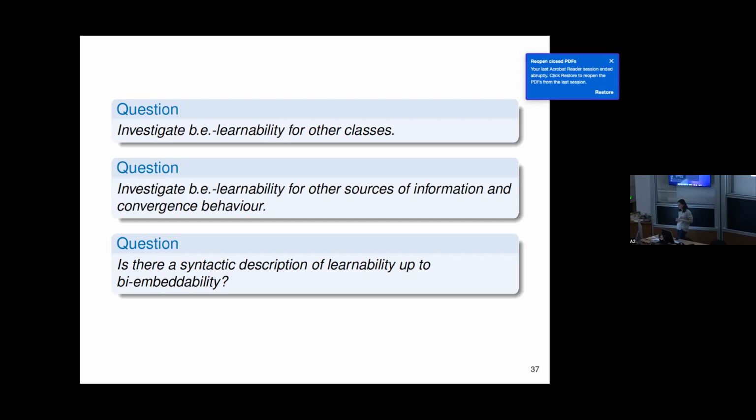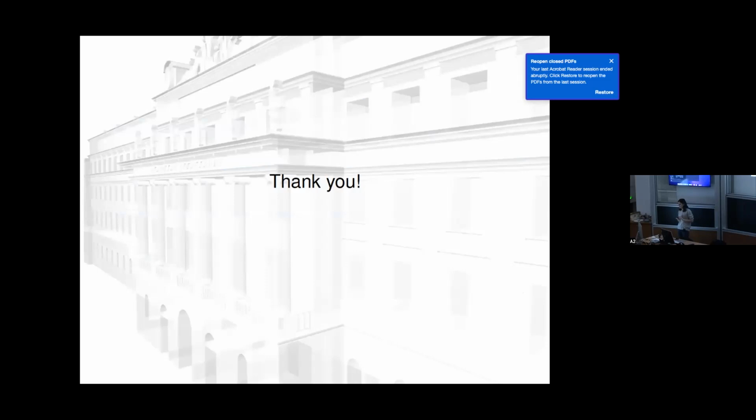It would also be nice to have syntactic descriptions of learnability up to bi-embeddability, because we have some examples for learnability up to isomorphism. So these are all my open questions about bi-embeddability. Thank you very much.